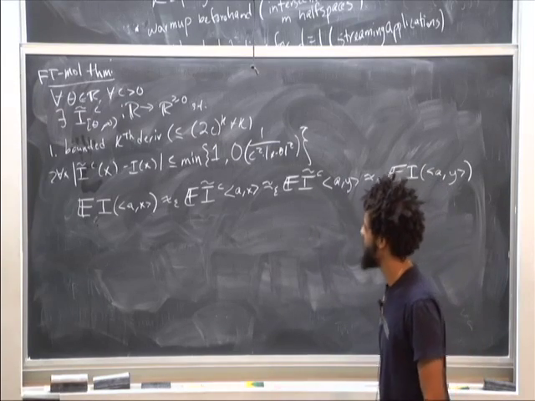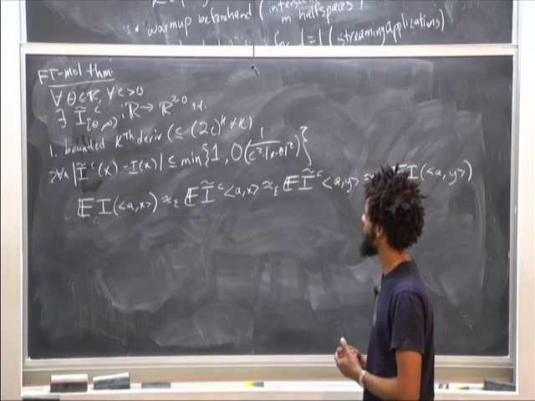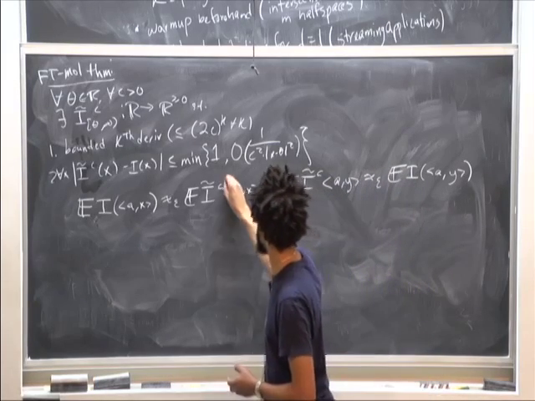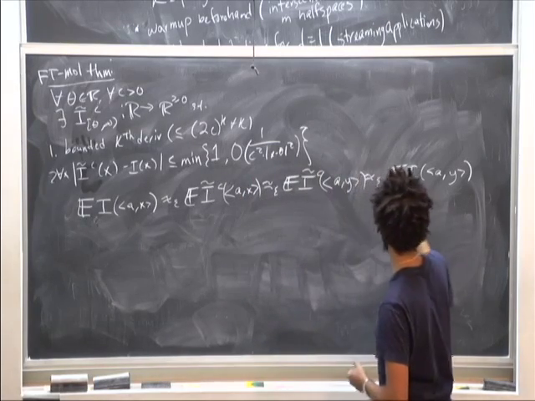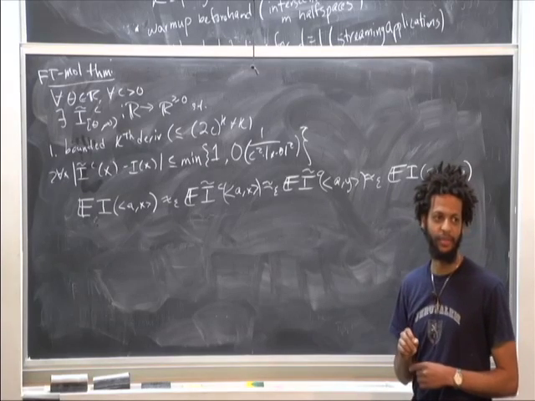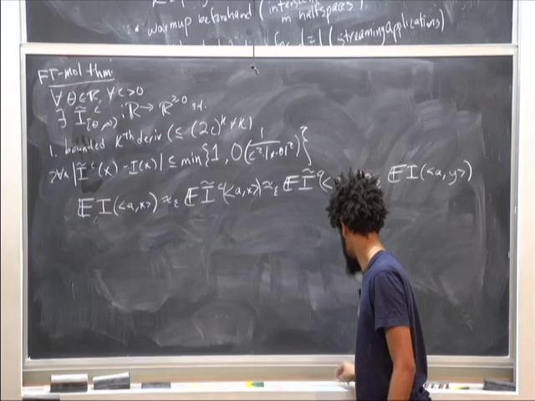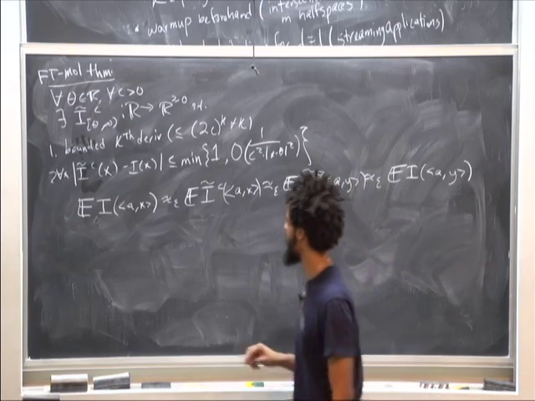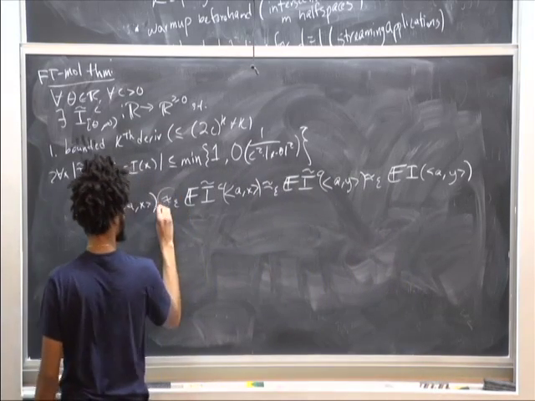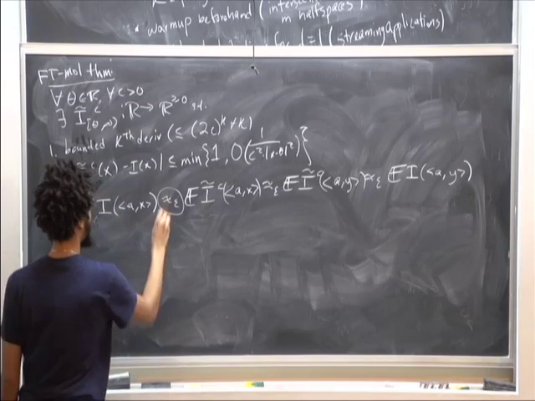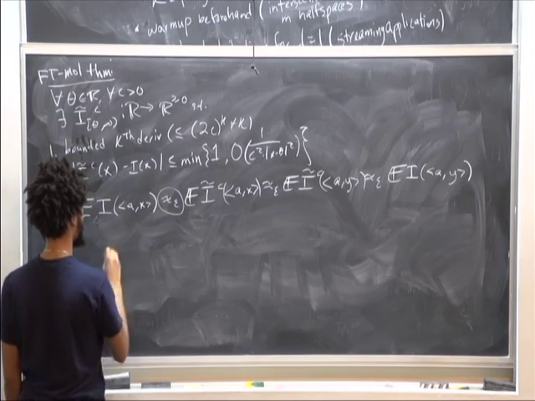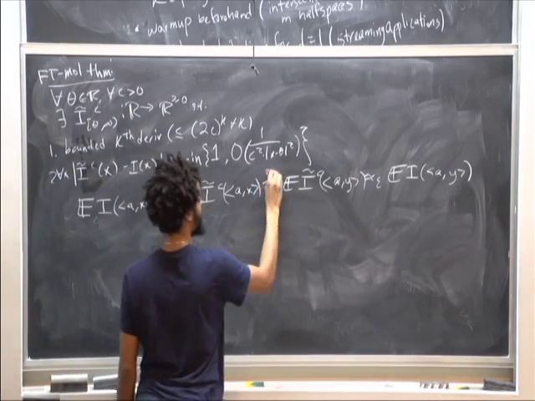Okay, so what goes wrong if I tried to do this argument with a degree 2 polynomial? Okay. So the thing that goes wrong, well, okay, so let's see what happened here. In that inequality, so let me call this inequality 1, 2, 3.